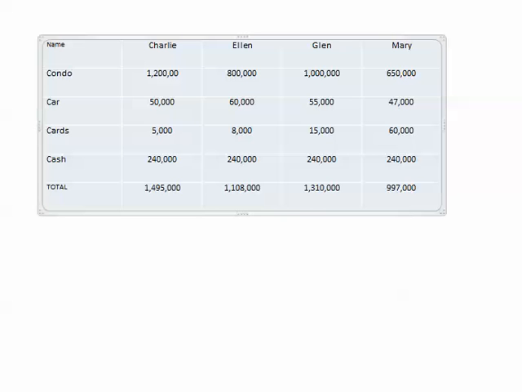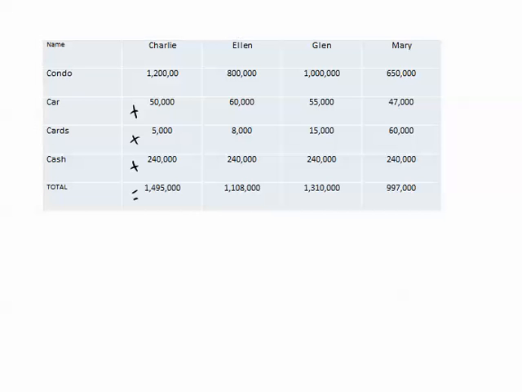And this has actually been done for us. So Charlie thinks the estate is worth $1,495,000. We got this by adding up the $1.2 million for the condo, the $50,000 for the car, the $5,000 for the cards, and the $240,000 in cash. So Charlie's estate is worth $1,495,000.